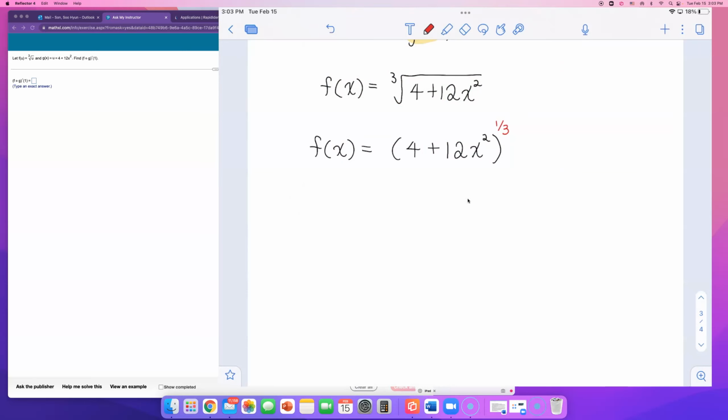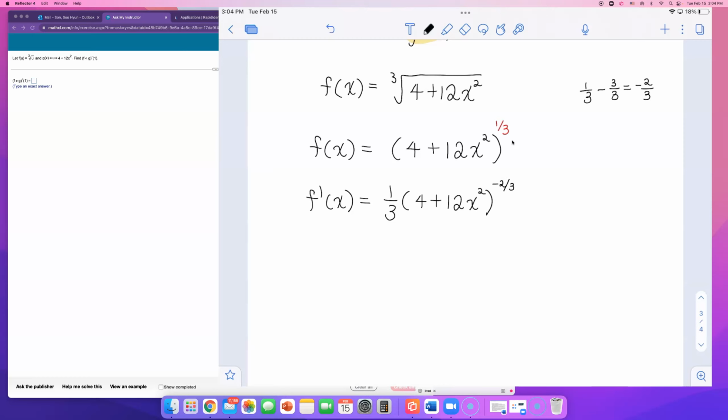So rewrite it first, and then we get to the derivative part. This is where you're going to have to use the chain rule. Bring down that 1/3 to the front. Inside remains the same. But the new exponent has to be 1 less than 1/3. So if you do 1/3 minus 1, which is 3/3, the new exponent comes out to be negative 2/3.